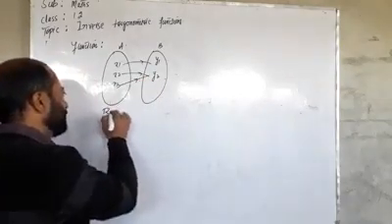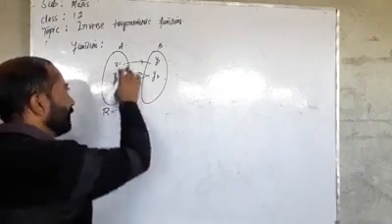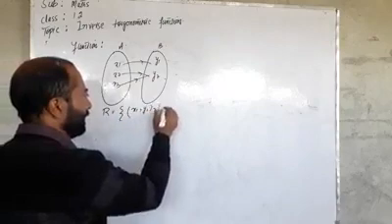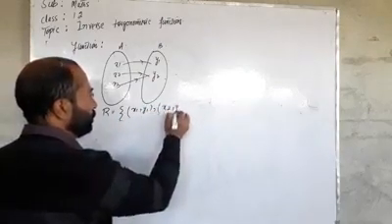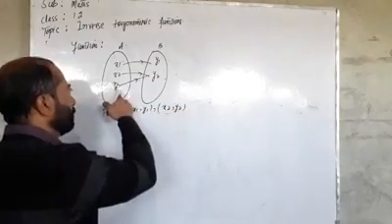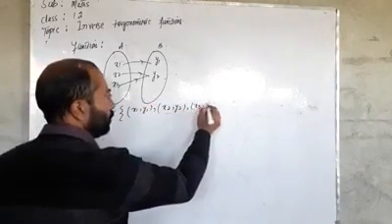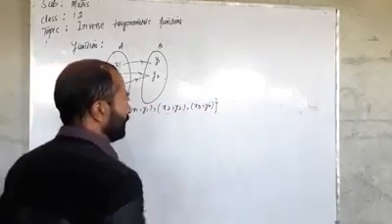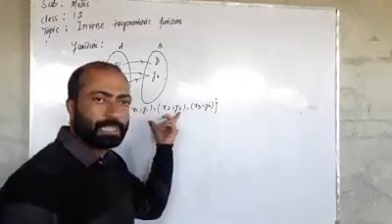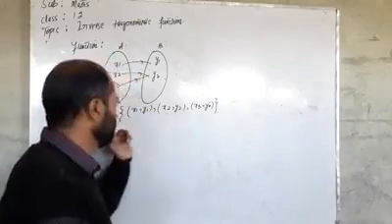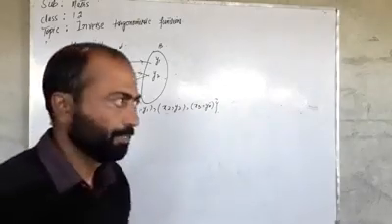Writing the relation R is equal to the set of these ordered pairs: x1, y1, another ordered pair x2, y2, third ordered pair is x3, y2. Look at the ordered pairs of this relation. None of the two ordered pairs have the same first entry. So clearly we can say that this relation is a function.